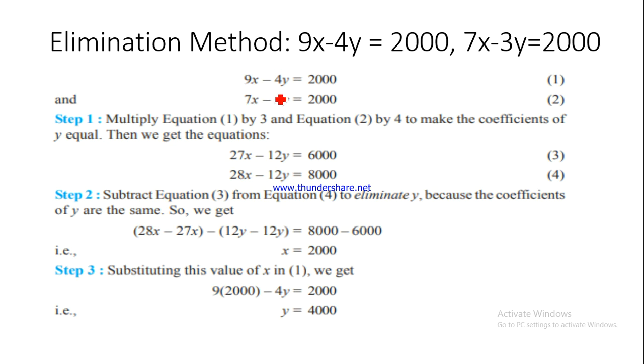So what we have done here is multiply equation 1, this particular equation, by 3, right? If I multiply the whole equation by a particular number, or divide the whole equation by a particular number, that is not going to make any difference.